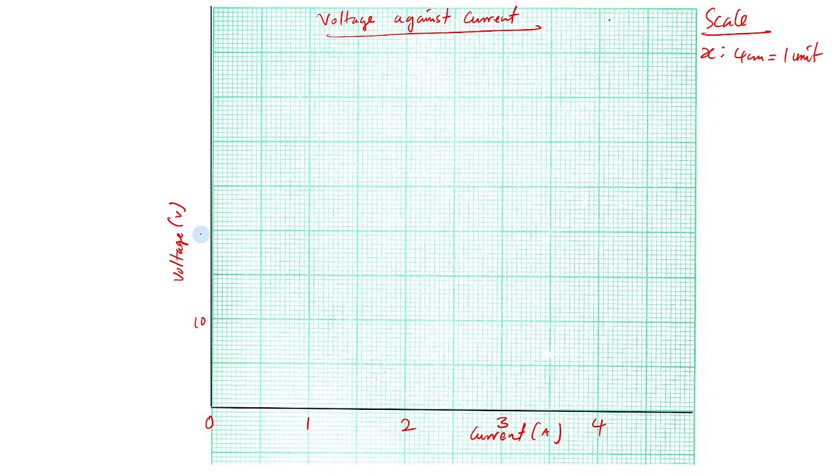This is 10, 20, 30, 40. So it is quite hard. So this one on the y-axis, we are saying 4 centimeters represents 10 units. From here to here, it's 10.